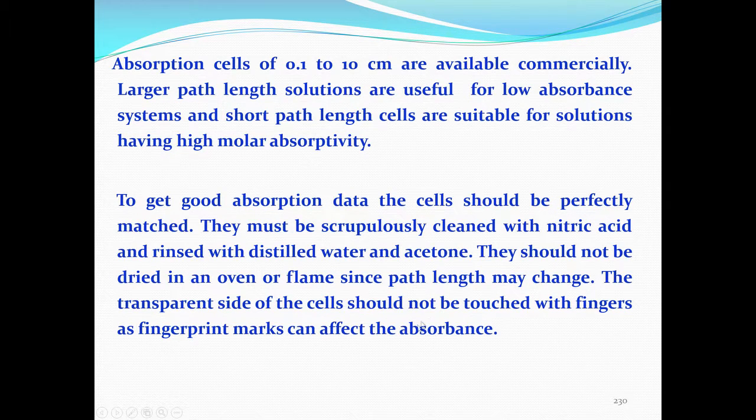inelastic expansion. The transparent side of the cell should not be touched with fingers, because even our finger marks can affect the accuracy of the absorbance. Quite often our fingers have a bit of residual oil in our skin, and that can leave a fingerprint, and this will affect the absorbance.